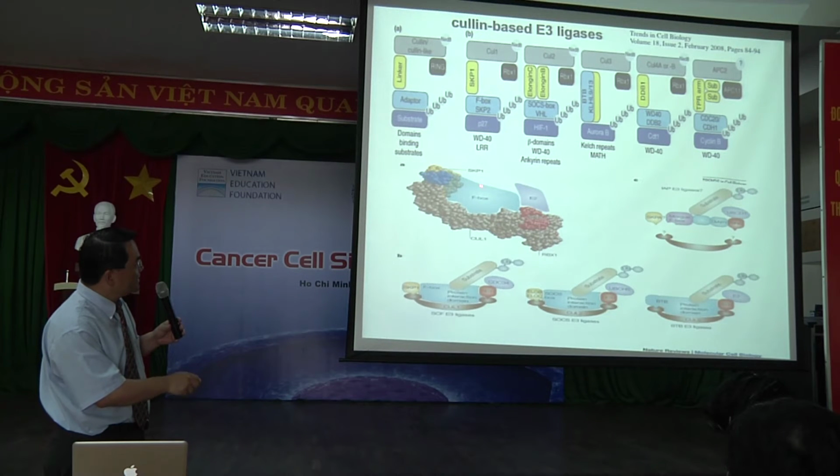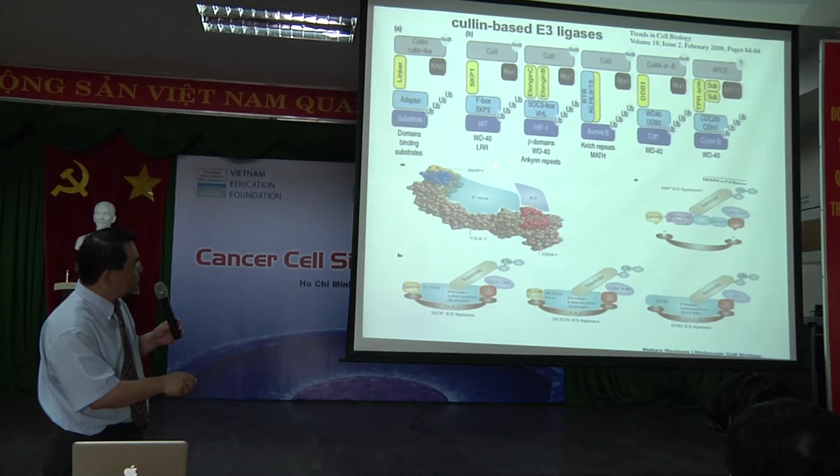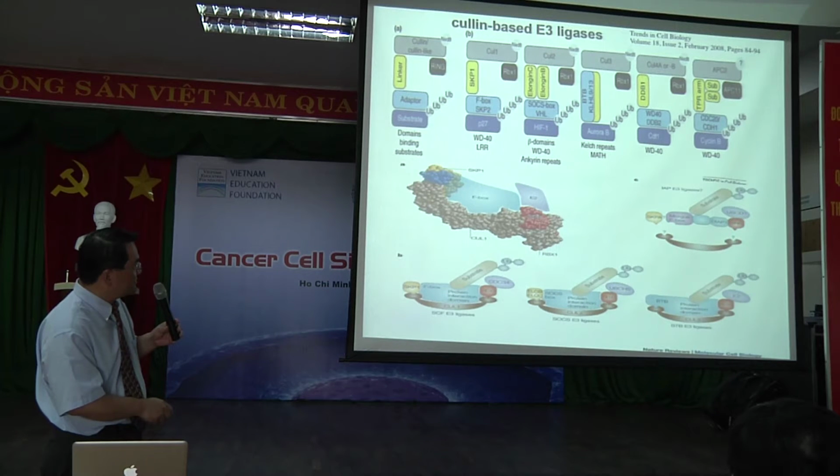The F-box protein, this could be SKP2, allows the whole complex to recognize a substrate and allows the E2 to transfer ubiquitin onto the substrate. It's shown here: SKP1, the F-box protein, the ring domain containing protein, and the E2 enzyme. The E2 enzyme will transfer ubiquitin onto a substrate that has been recognized by the F-box protein. This is what SCF does.